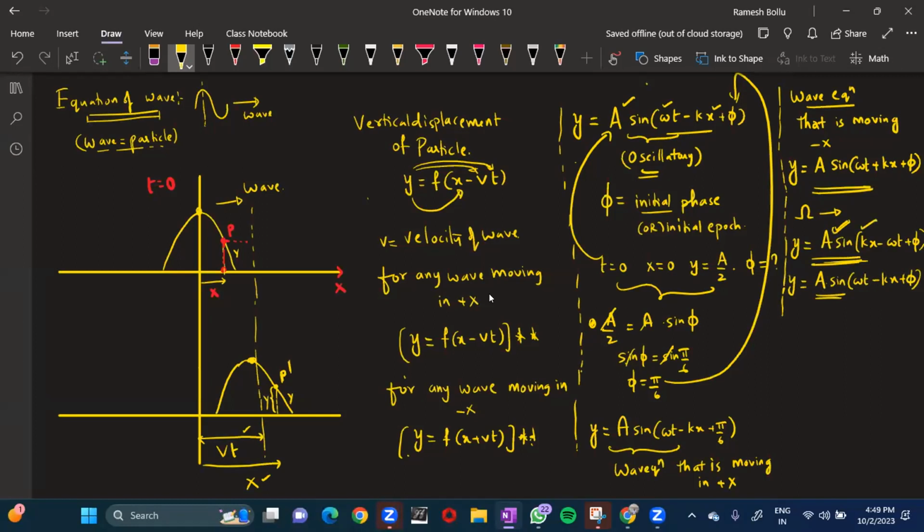If you take this, the phi value will come differently, and if you take the other, the phi value will come differently in some cases only. Now, if any wave is going in the negative x direction, what can we write? The wave equation y is equal to A sine of (omega t plus kx plus phi), and y is equal to A sine of (kx plus omega t plus phi) also. Nothing wrong in this, children. All are the same only. Is my point clear? Say yes or no? So copy very quickly, everybody.